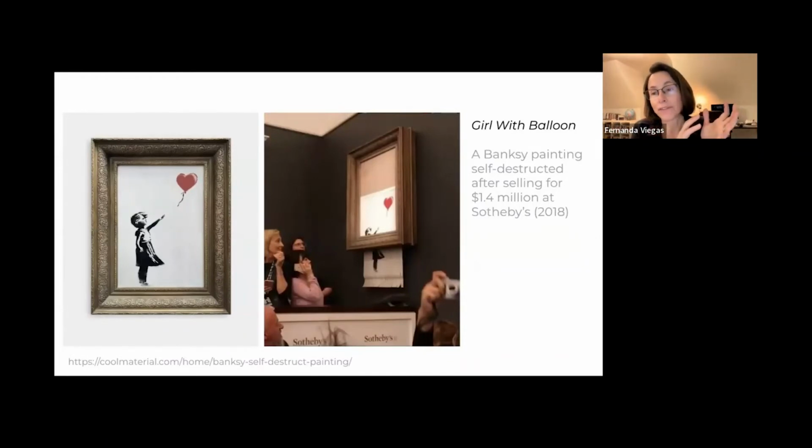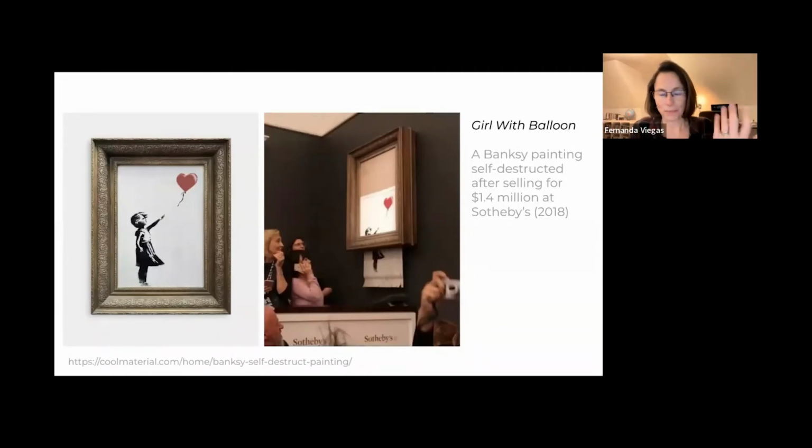And moments after the auction was over and the painting was sold for over $1 million, the painting started sliding down its frame through a shredder. So it got halfway shredded, which is what you can see on the right here. And this is something that the artist himself put in as part of the frame.